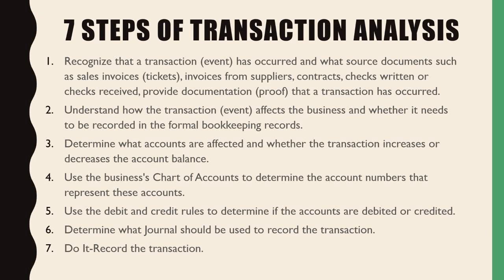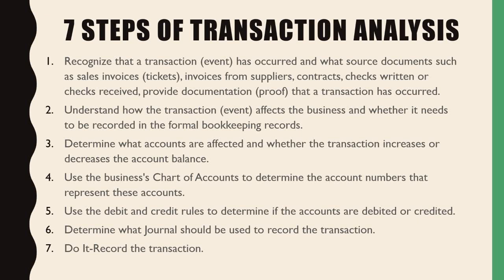Does it affect my personal life? Or how does this transaction affect anything in general? That will determine whether you are going to record it for the business or record it for your personal life. So the idea here is recognizing that a transaction has occurred and how it affects the business, by providing the source documents as proof that a transaction has occurred.